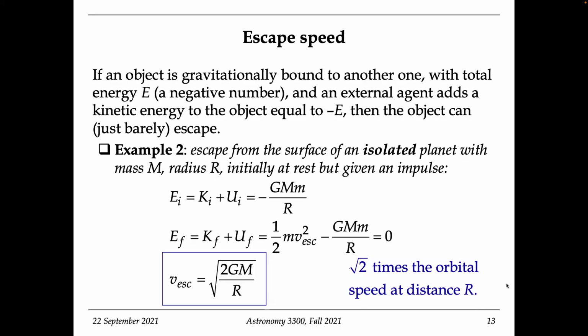And then you give it enough energy, 1/2 mv squared. Then if you relate this energy to that energy, final energy is 0, initial energy is negative. That's the difference necessary to get the 2GM, right?